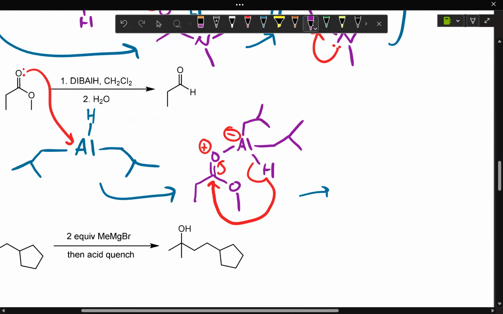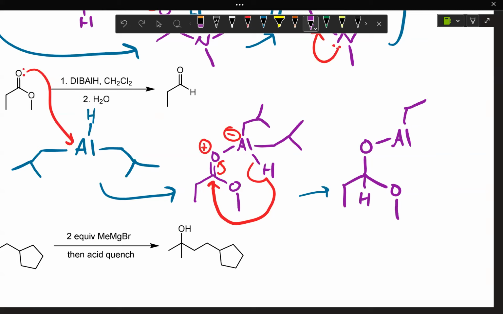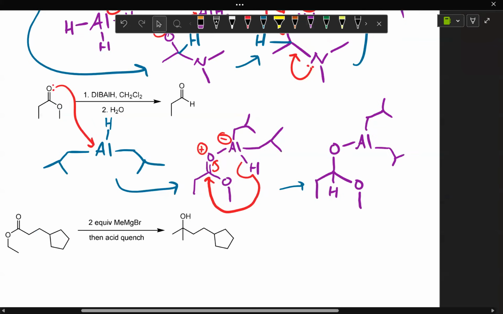So let's draw the result of that. So now we have a hydrogen there. Let me just draw it in. And we still have this oxygen attached to this Dibal group.